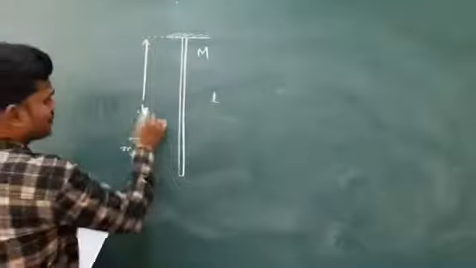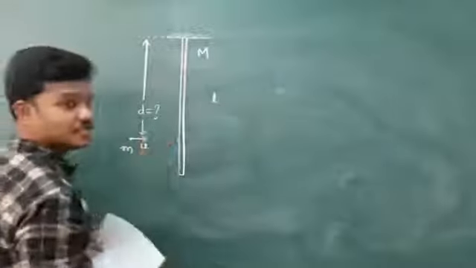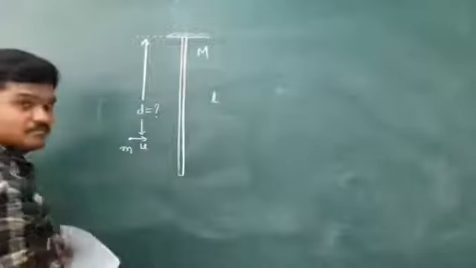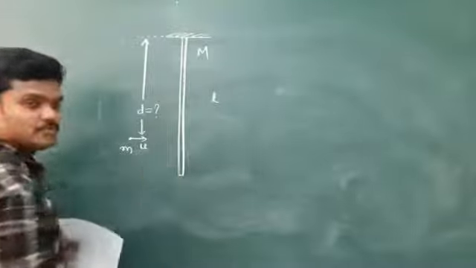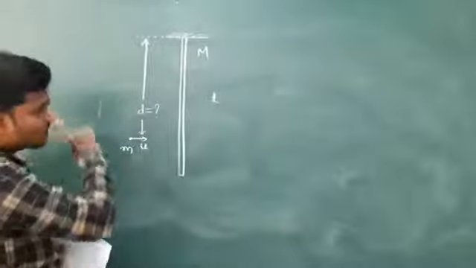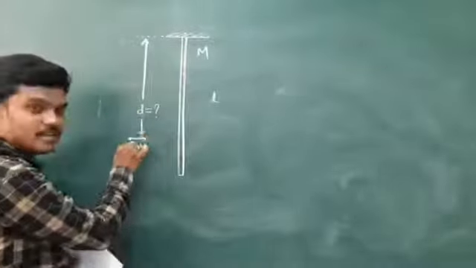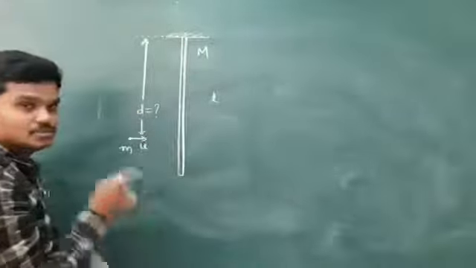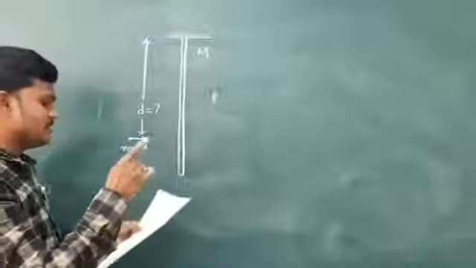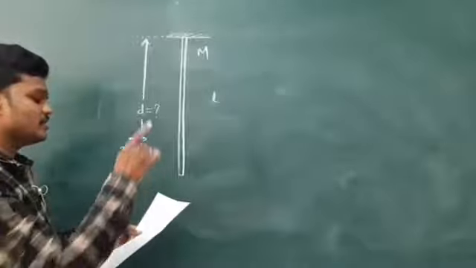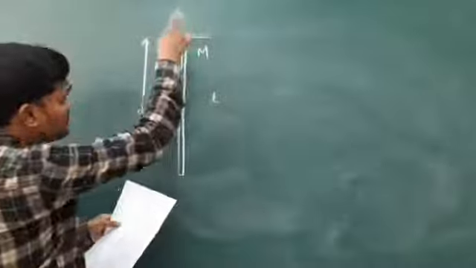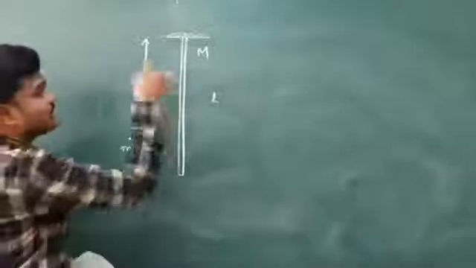Our target is to find out at what distance this particle has to strike the rod. Of course, the rod will get some angular speed omega about this axis. Now, the target is to find at what distance this particle has to strike the rod so that the hinge will not exert any impulse on the rod.